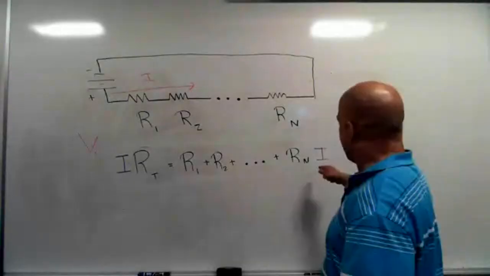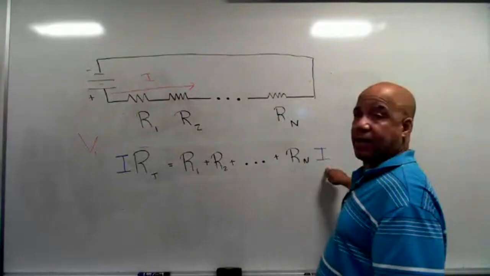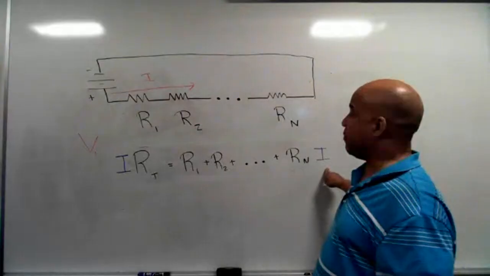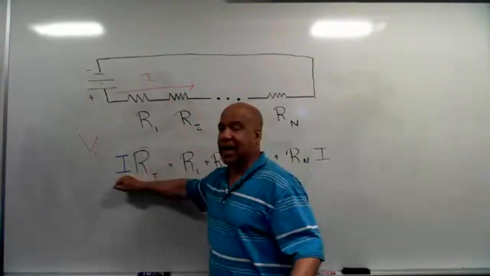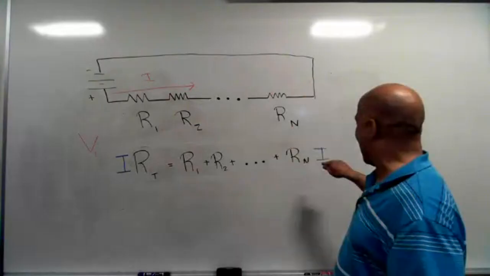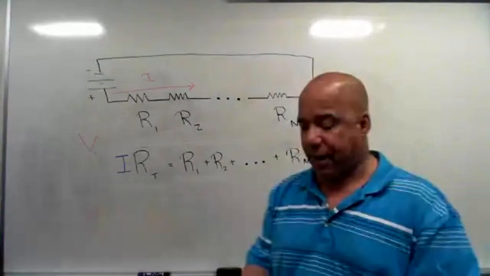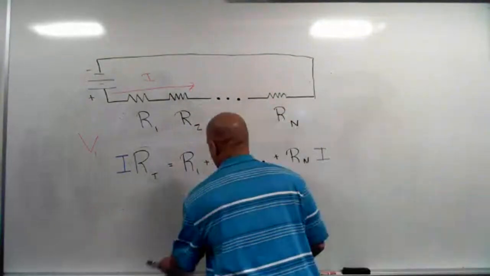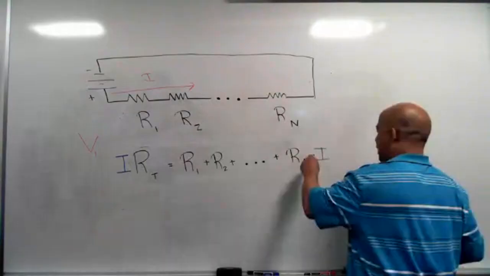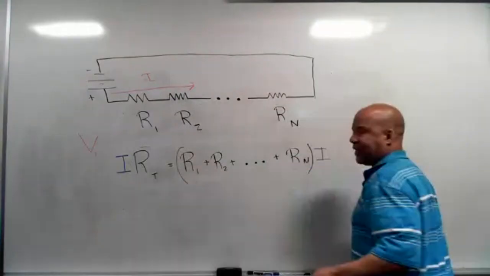If you show it that way, what you're saying is take Rn and multiply by I. But in order for this to be a valid algebraic equation, whatever I do to one side, I've got to do to the other side. So I can't multiply that one term by I. I've got to multiply that whole side by I. The way you indicate that is by using parentheses. What I really want to do is put this in parentheses, and now I maintain the equality.